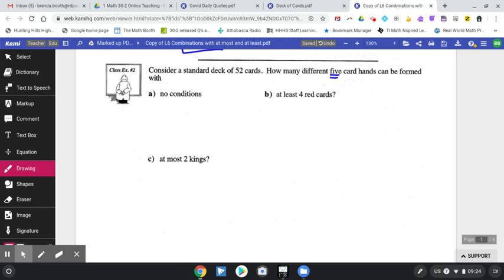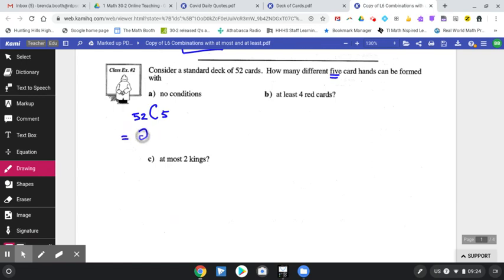So please hit pause and go ahead and do this question. This is from yesterday's work. You should be competent with this. So we would say there's 52 cards available, and we are going to choose 5.